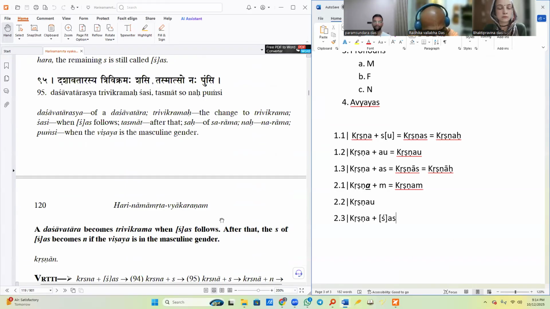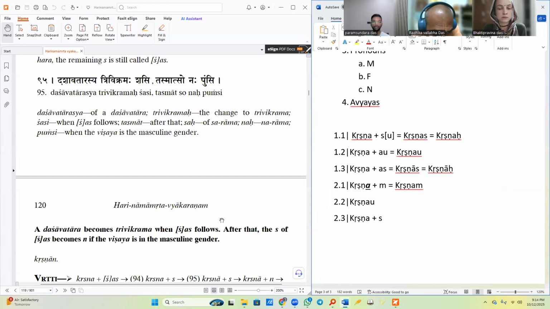Sutra 95: Dashavatarasya Trivikramah Shasi Tasmat Sona Pungsi. Now, first we will apply Sutra 94. By 94, A is deleted after Dashavatara. The A of Shas is also deleted by 94.